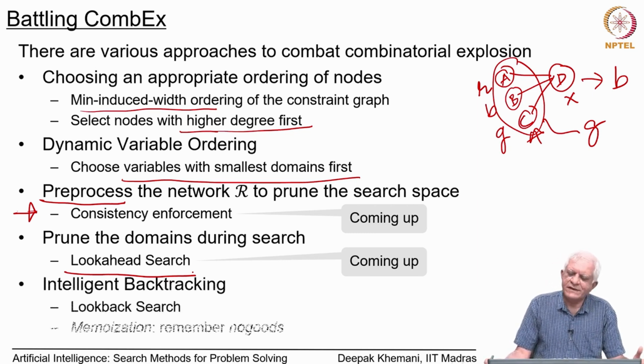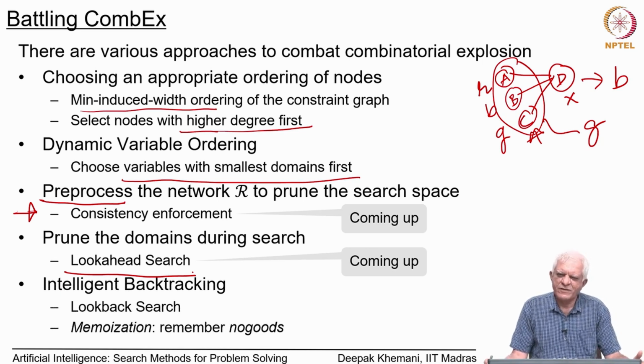But there is also this very interesting idea of intelligent backtracking essentially. We will mention it in passing, but the basic idea of intelligent backtracking is this: if you have reached a dead end, let us say at the ith node, the backtracking algorithm says go back to I minus 1 and try a different value.